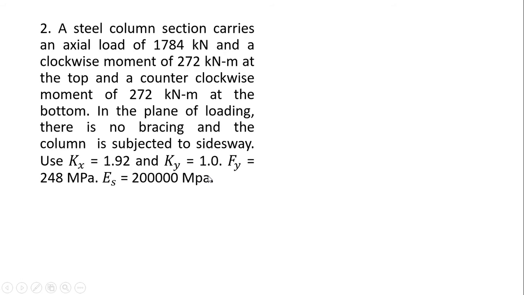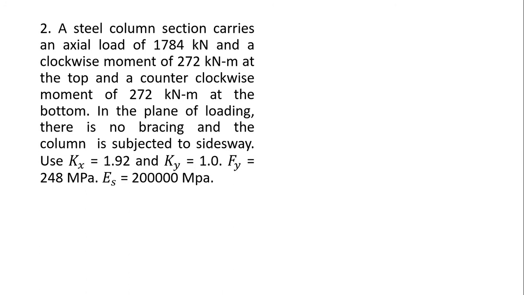And then for problem number 2, so a steel column section carries an axial load of 1,784 kilonewton and a clockwise moment of 272 kilonewton-meter at the top and a counterclockwise moment of 272 kilonewton-meter at the bottom.